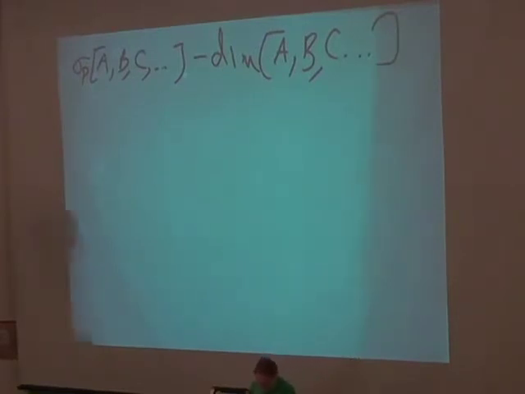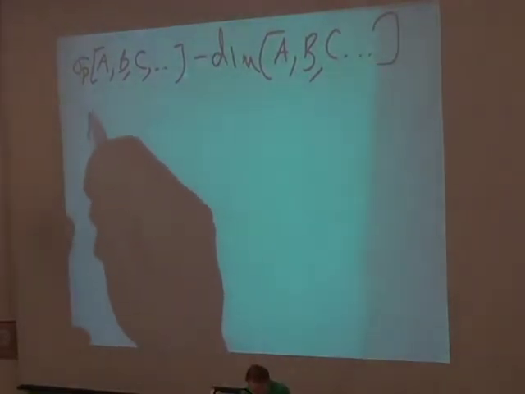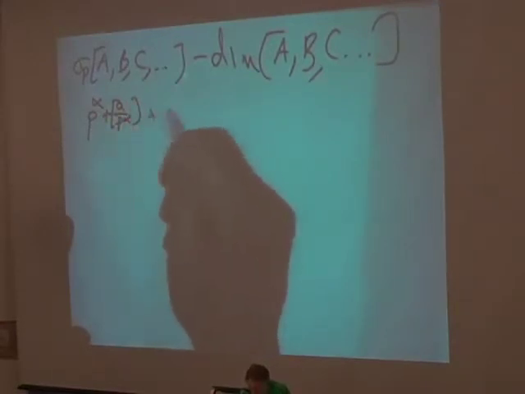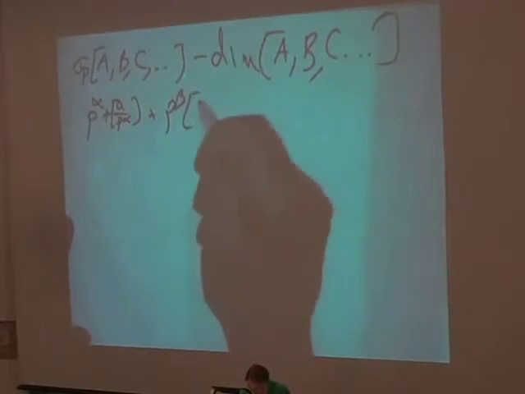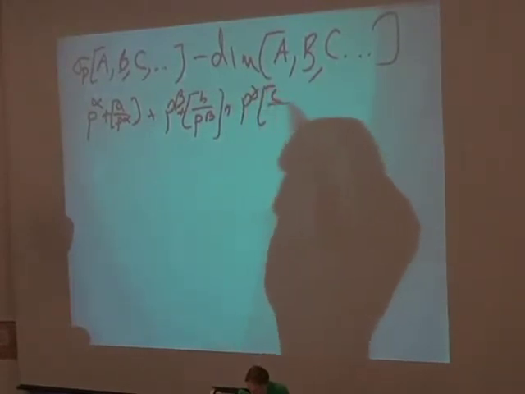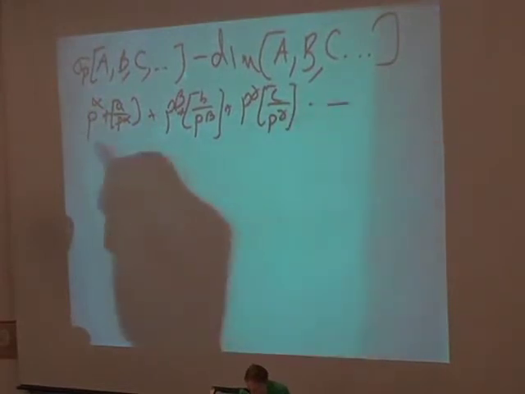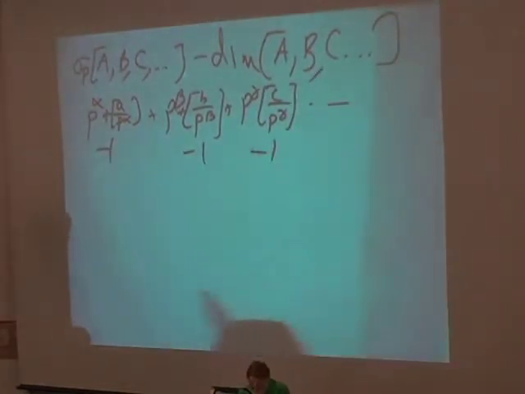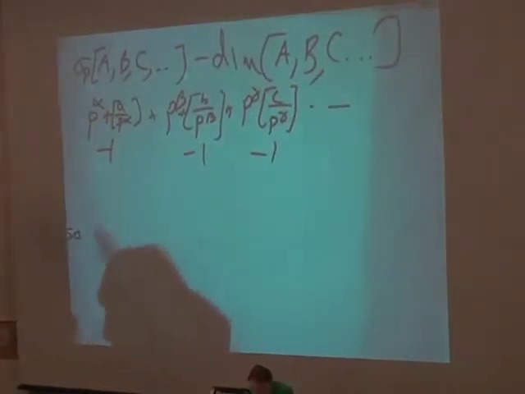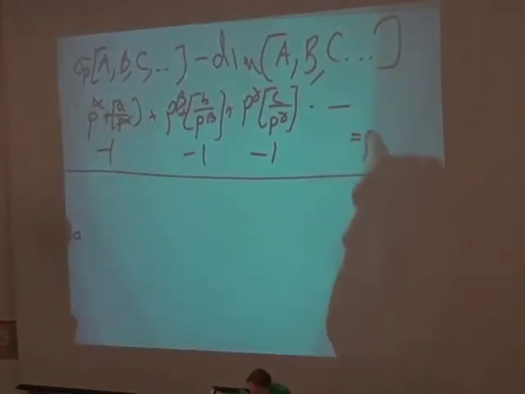And what is this? This is p to the alpha plus the Jacobi symbol, plus p to the beta plus the Jacobi symbol, plus p to the gamma times the Jacobi symbol, etc., minus 1, minus 1, minus 1. So the typical thing is, I'm going to call this the p-excess.